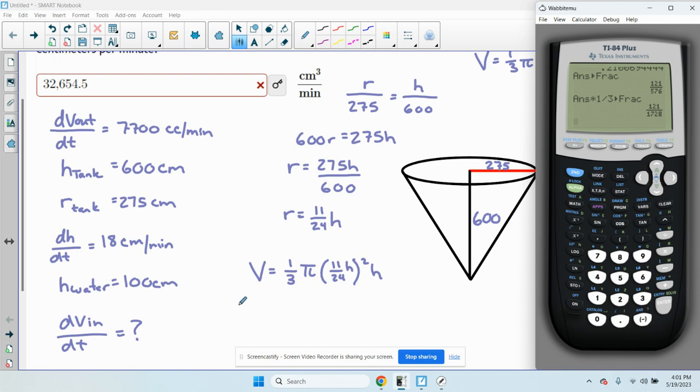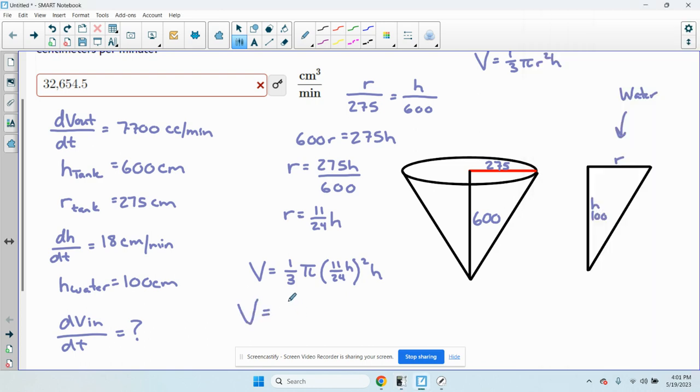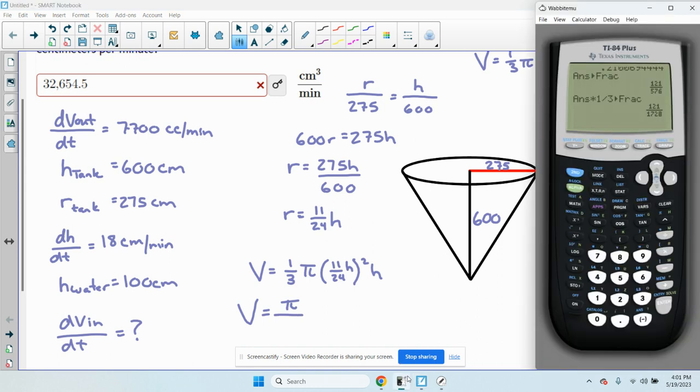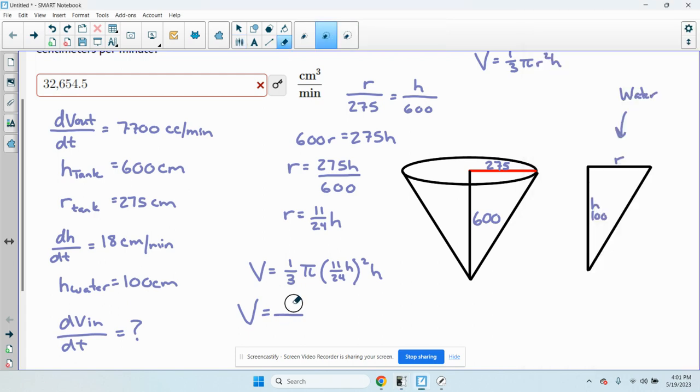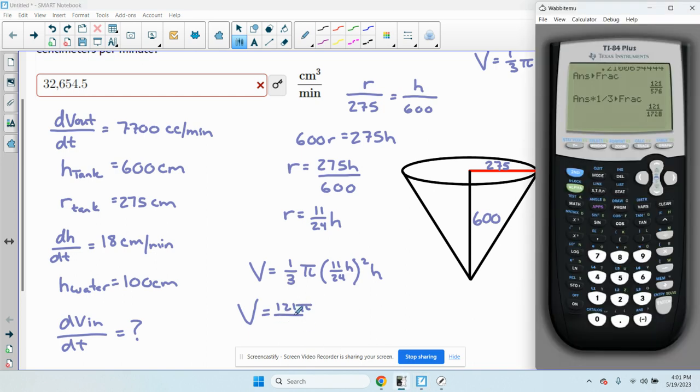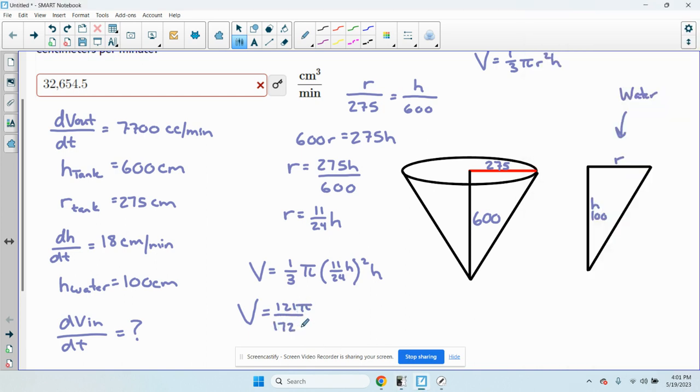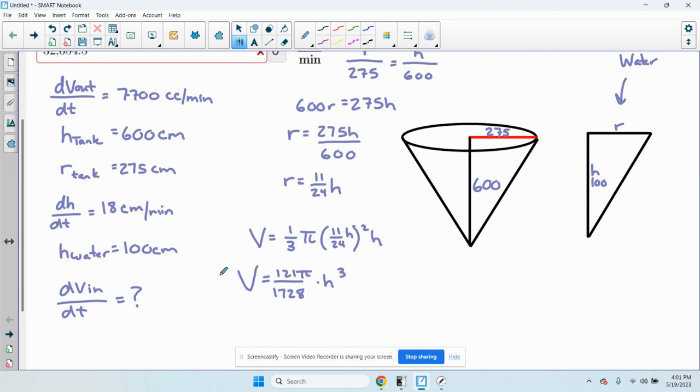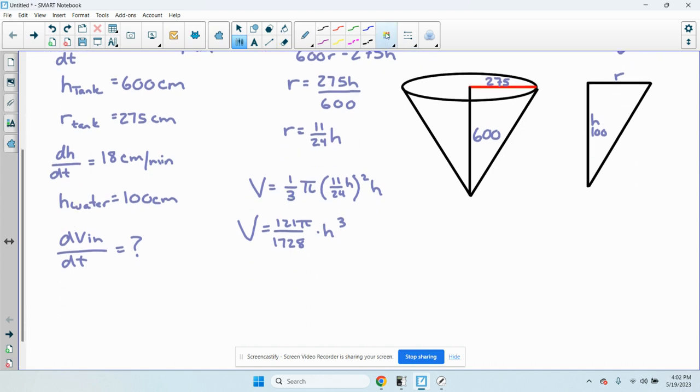So I have V equals, we'll leave the pi on top, 121 pi over 1728 times h cubed. So now I only have h's and v's. So when I differentiate, I'll have dv, which is what I'll have here when I add these two together, and dh. So let's differentiate this thing.